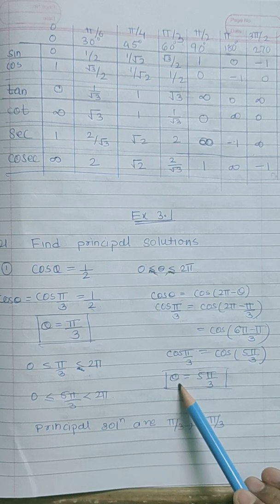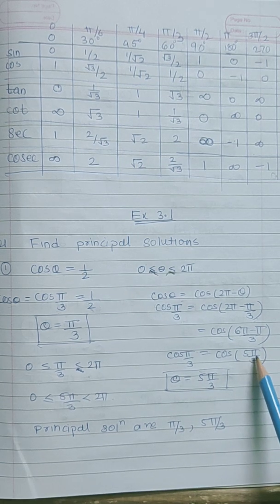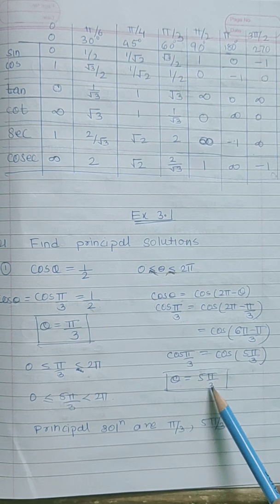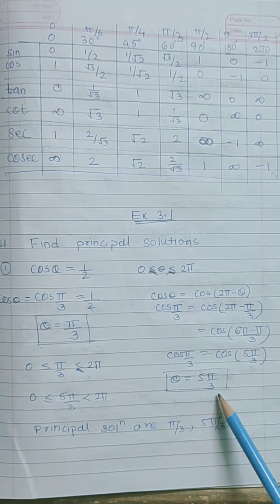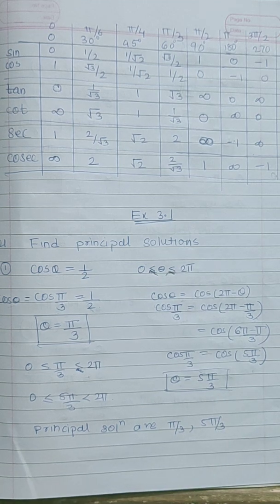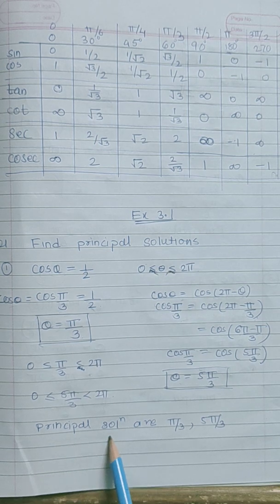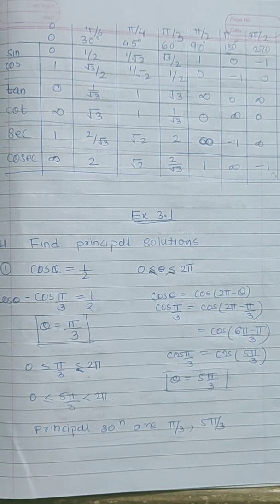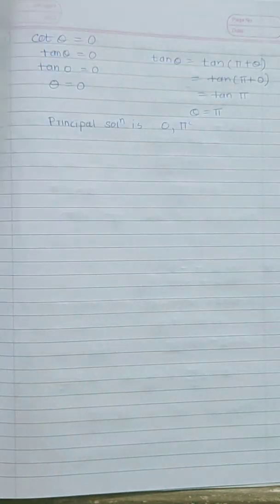So again our theta came 5 pi by 3. So our second principal solution is theta is equal to 5 pi by 3, which lies between 0 to 2 pi. So last answer you will write principal solutions are pi by 3 and 5 pi by 3. Next one.